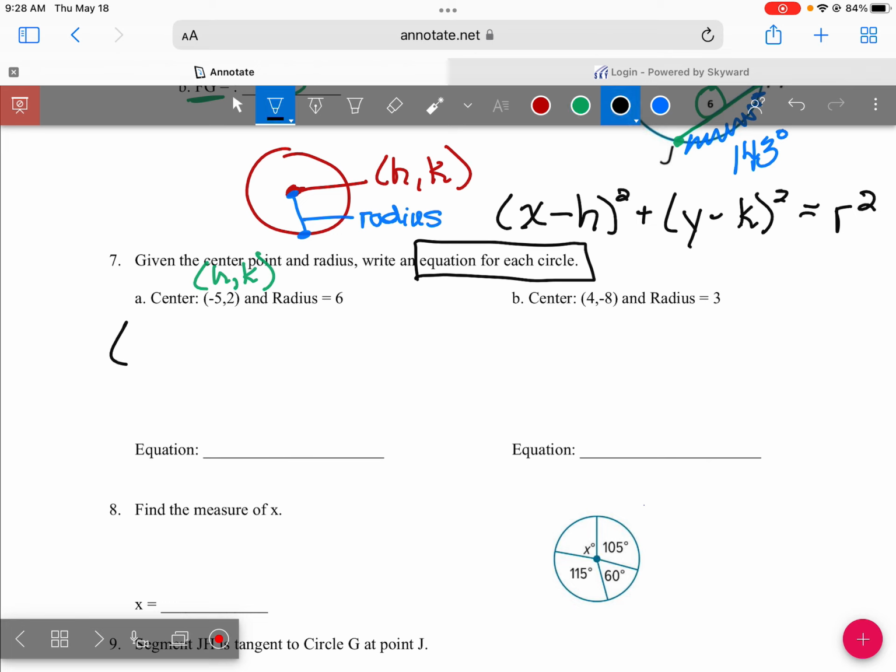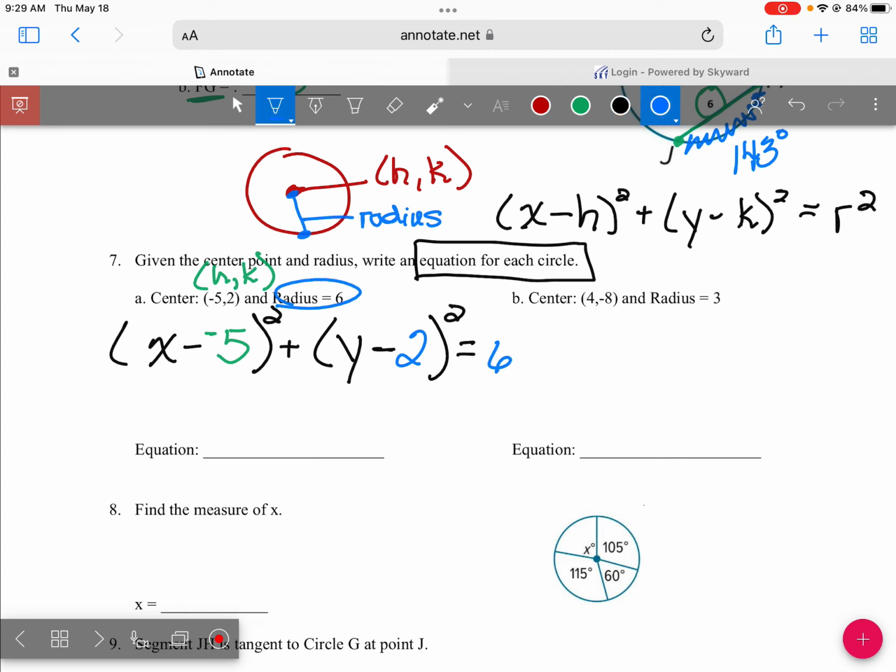So we are going x minus my H value, which is -5, squared, plus y minus my K value, which is 2, quantity squared, equals R. What does R stand for? Radius. Radius is 6 squared.